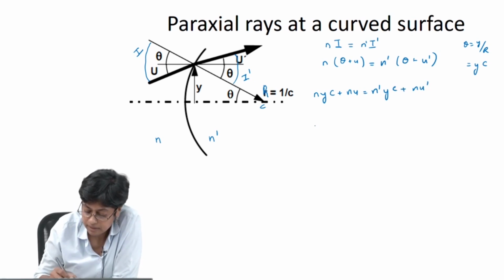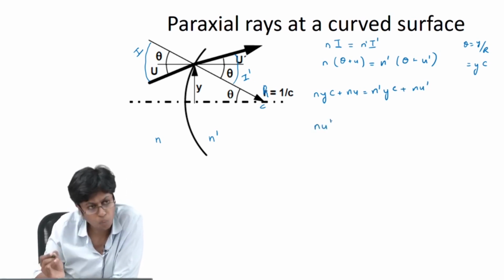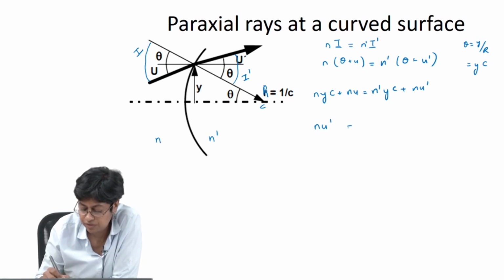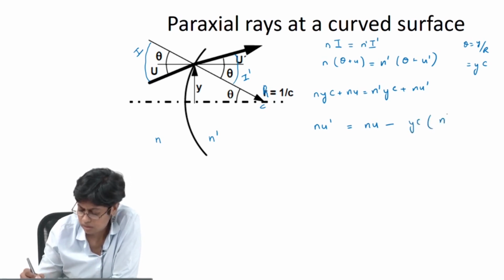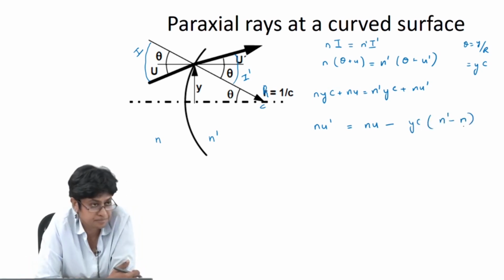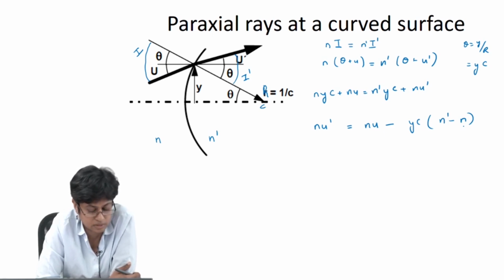And I can write this again just in terms of the angle after the interface, and that is going to be n u minus n dash, so let me write it in terms of y c first. So this is a second equation that gets used for tracing rays through a system.